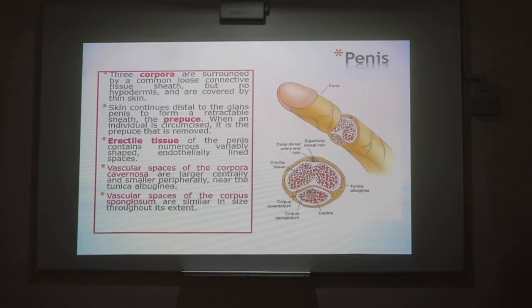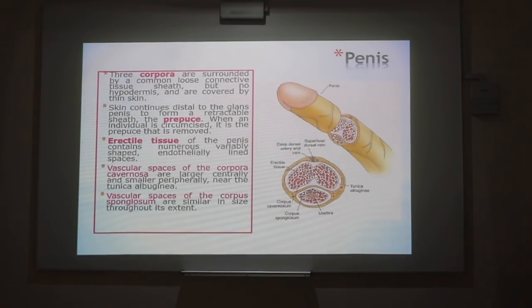As they are going to dilate, these vascular spaces will be filled with blood. As they are going to expand, the veins are located outside these vascular spaces in the tunica albuginea.